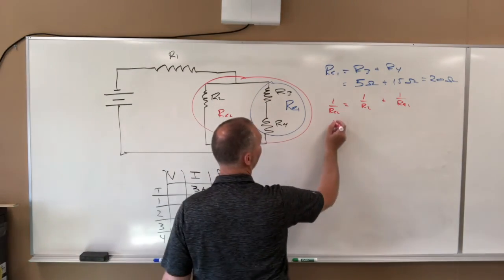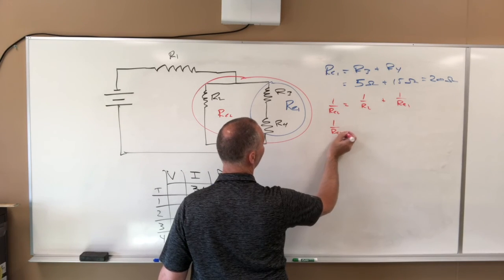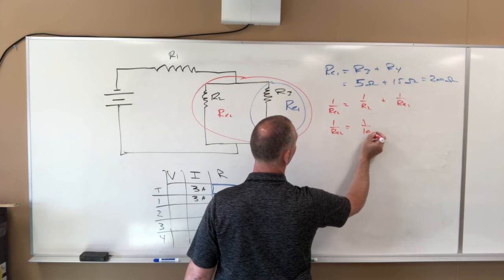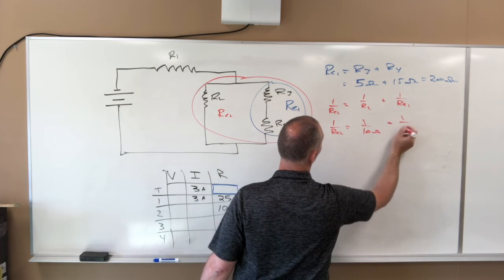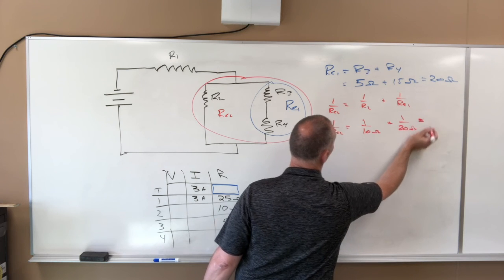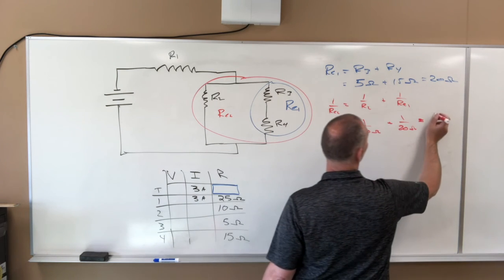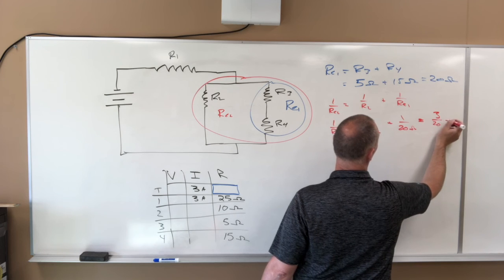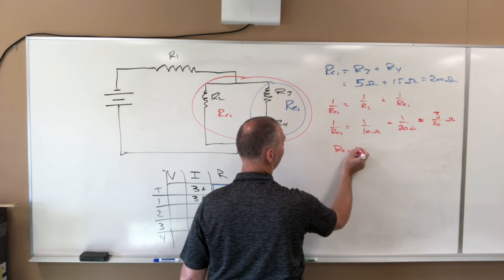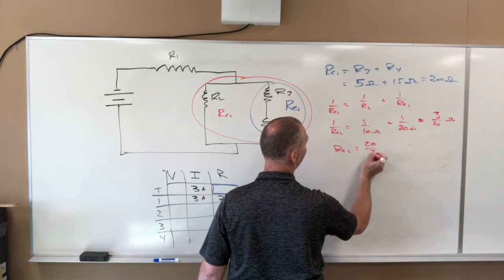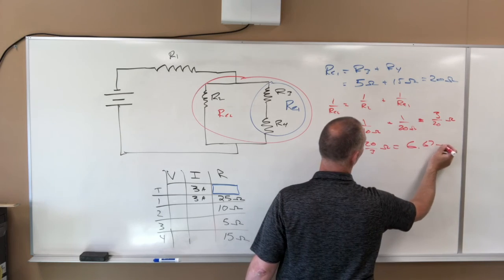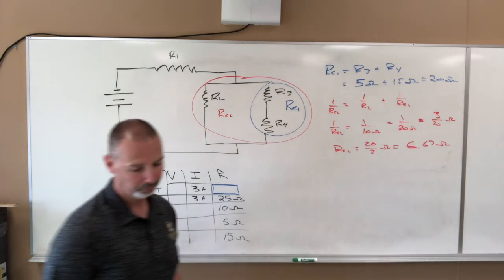So let's plug in our numbers here. 1 over RE2 equals 1 over 10 plus 1 over 20. We add those fractions together and we get 3/20ths. But that's 1 over RE2, so RE2 is equal to 20 over 3 ohms or 6.67 ohms.